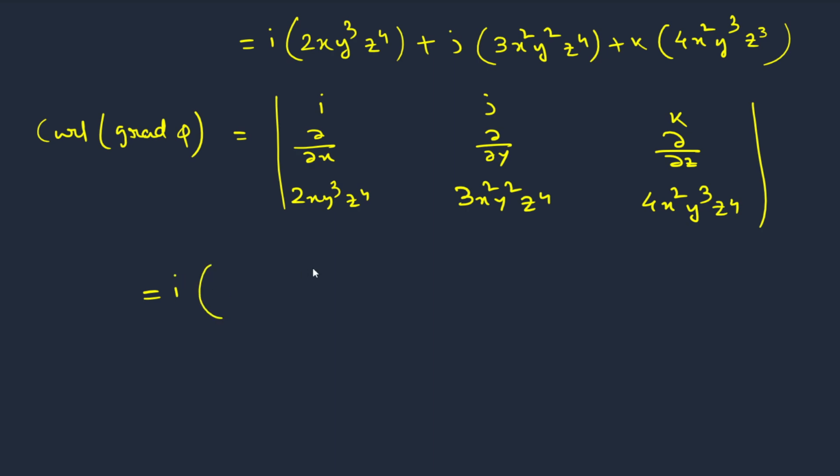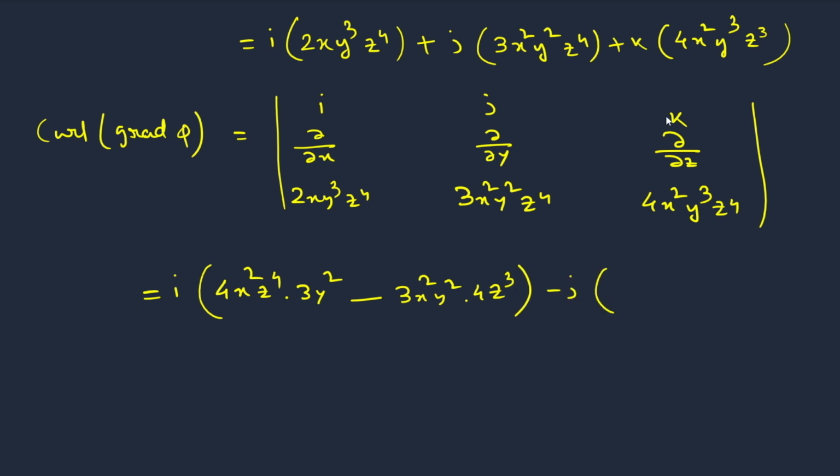i into, now see, if we differentiate this, there is one y, right? So what we will get? 4x² z³ you can keep outside. Now if we differentiate y³, what will we get? 3y² minus, now when you differentiate this with respect to z, 3x² y² will be outside, and the derivative of z⁴ is 4z³.